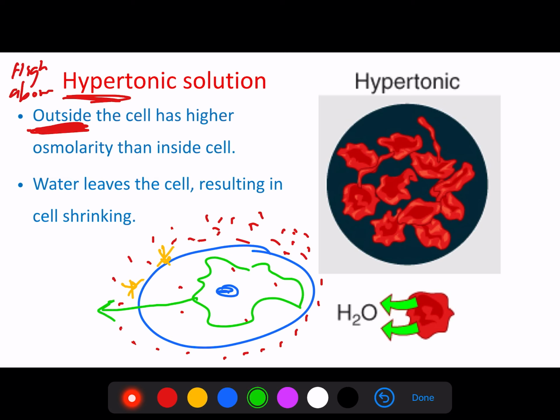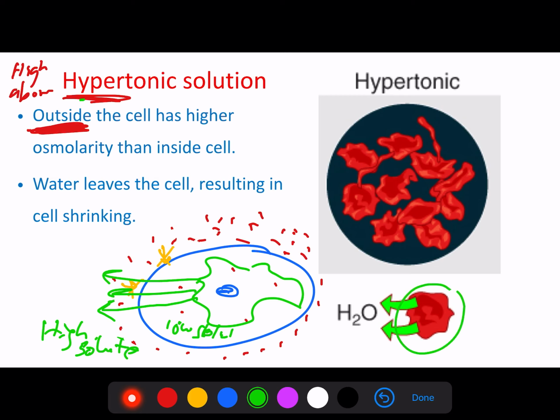Why? Because water goes from the area of low solute to the area of high solute. So in a hypertonic solution, water leaves the cell, and this will cause the cell to shrink, and of course it's going to dehydrate and die. Remember, hypertonic refers to increased osmolarity outside the cell.